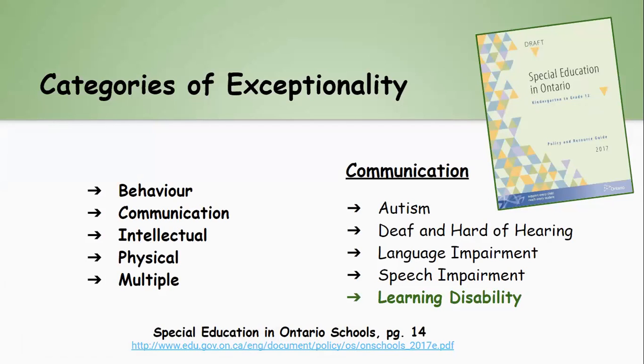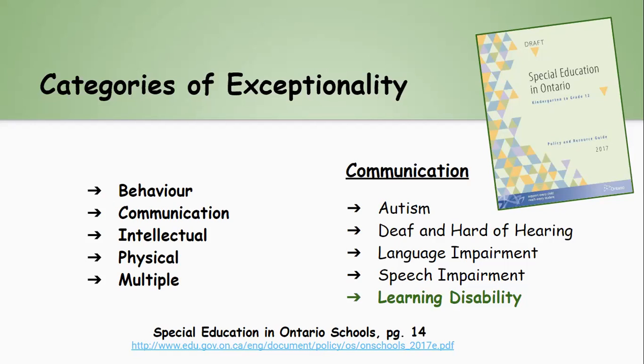These are broad categories that are designed to address the wide range of conditions that may affect a student's ability to learn. These are meant to be inclusive of all medical conditions, whether the condition is diagnosed or not, and all medical conditions that can impact learning.